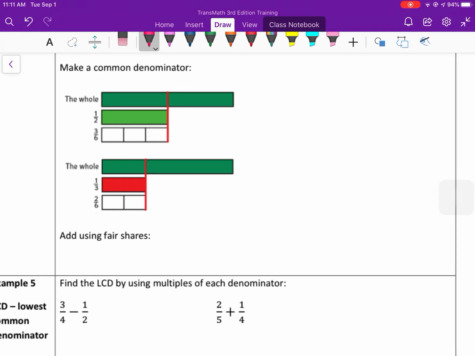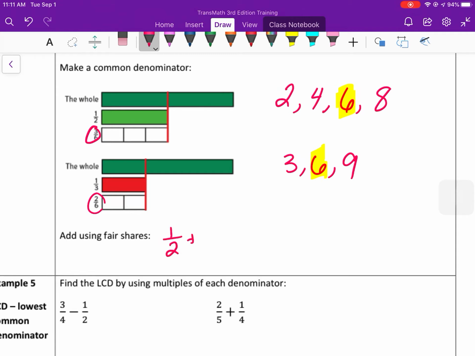The reason that I know that is because if I count by twos, 2, 4, 6, 8, and I count by threes, 3, 6, 9, etc., I notice that they each have a multiple of 6 in common, which means that you can change a half into sixths. 1/2 is the same thing as 3/6, and 1/3 is the same thing as 2/6.